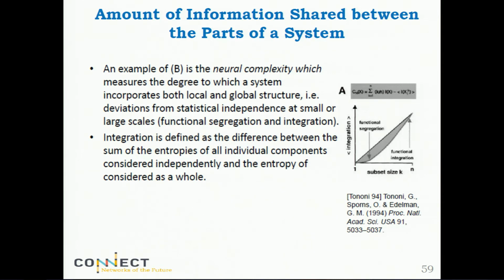Suppose I have n nodes and I divide them into two subgraphs: one with k nodes and another with n minus k. Exactly, it's the mutual information between these two sets, the interaction between these subgraphs.